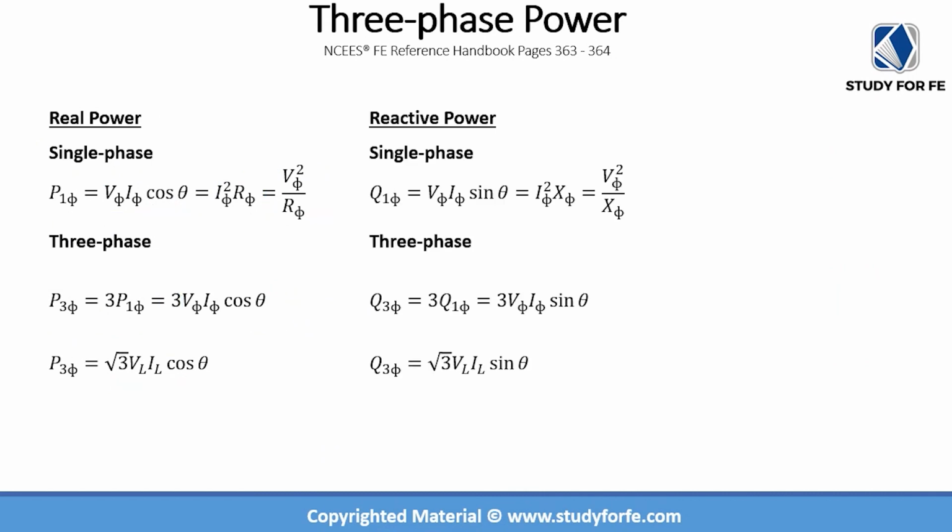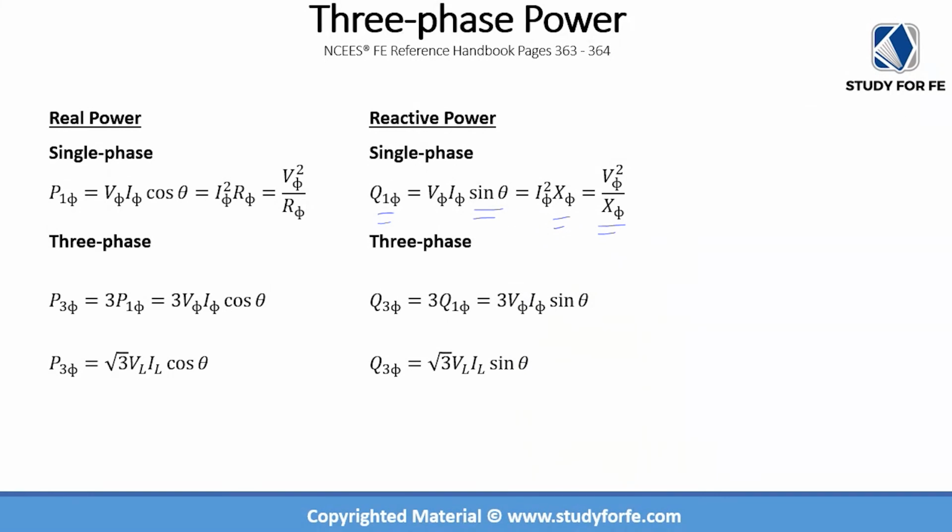Reactive power is almost identical. The only difference is that we are dealing with reactive impedance, and we have sine theta. Single-phase reactive power is equal to V phase times I phase times sine theta. We can make use of I squared X and V squared divided by X for calculation of reactive power as well.